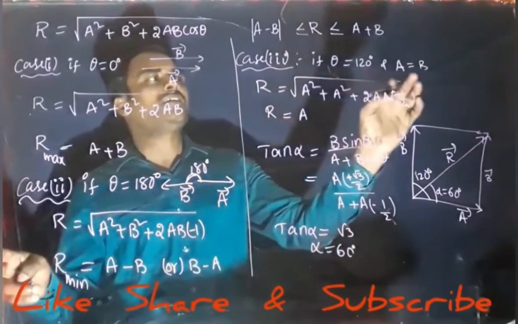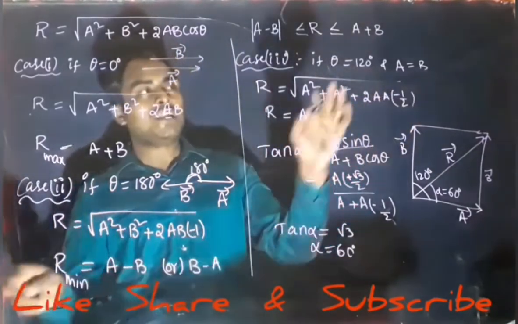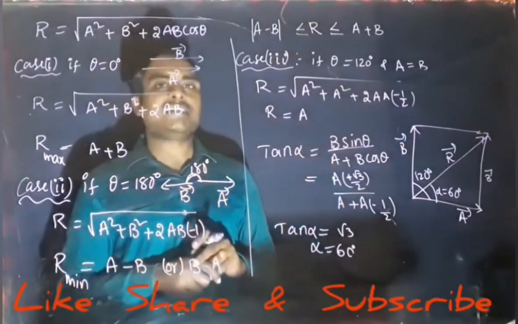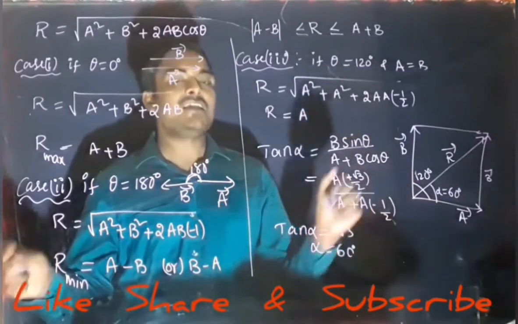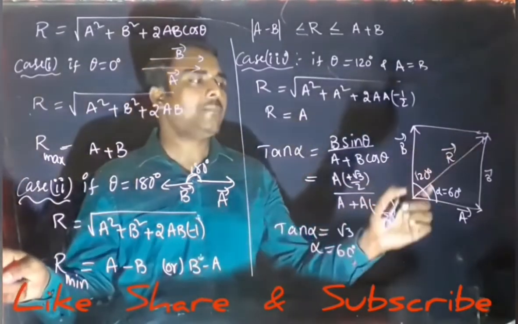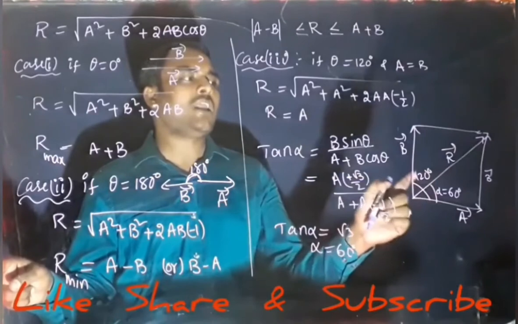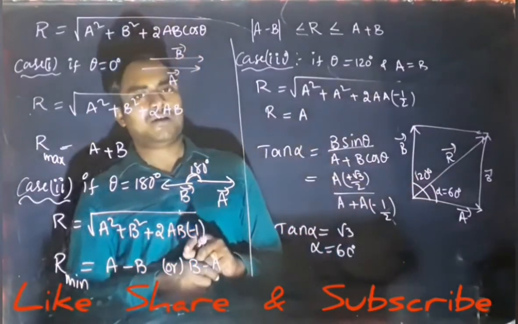So if two vectors are equal in magnitude, not only at 120 but in other cases also, whatever angle is there between A and B, when A and B are equal in magnitude, the resultant will bisect. It makes equal angle with A bar and B bar.